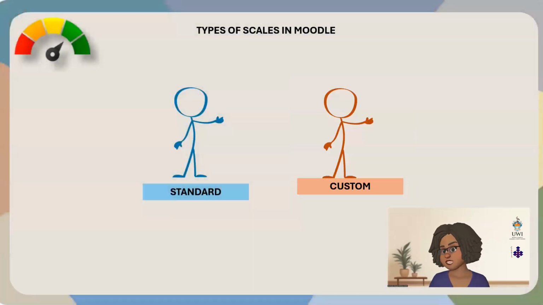And it is important to note that while we're talking about scales and their potential, they do have some technical limitations. So whether standard or custom, the scale must have a minimum of 2 values. So it must have at least 2 values. There's no such thing as just having one value.